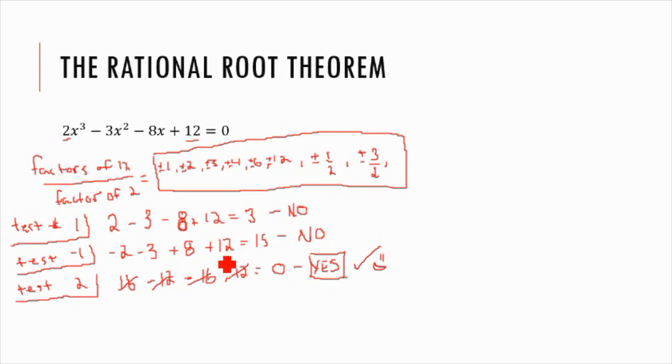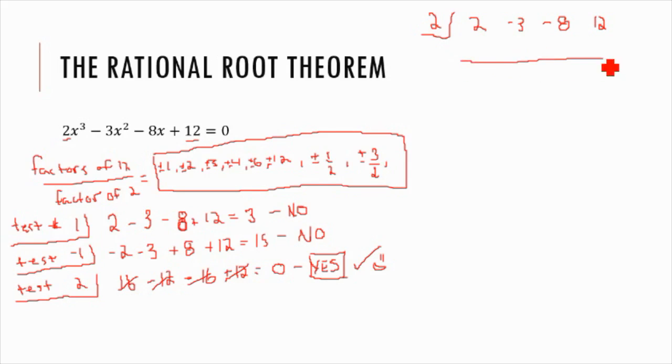Now, you could keep going through all these numbers to find all the zeros. Or, since you have one, what we can do is use synthetic division to factor it out. So I'm going to do 2, negative 3, negative 8, and 12.